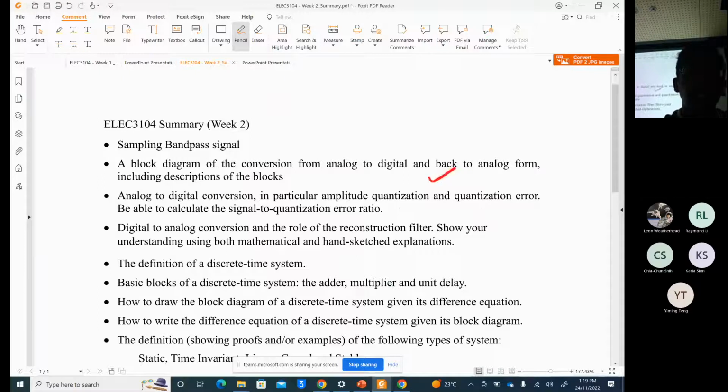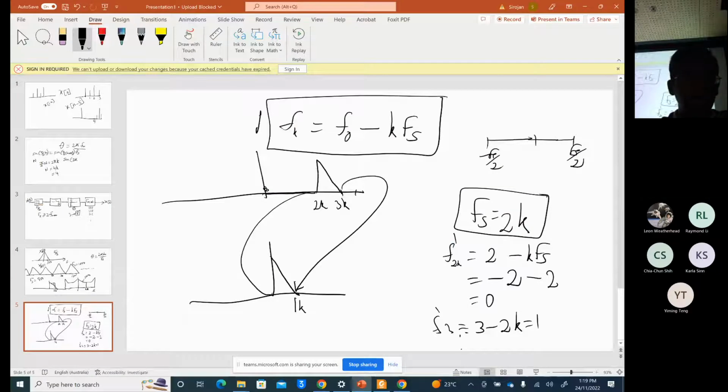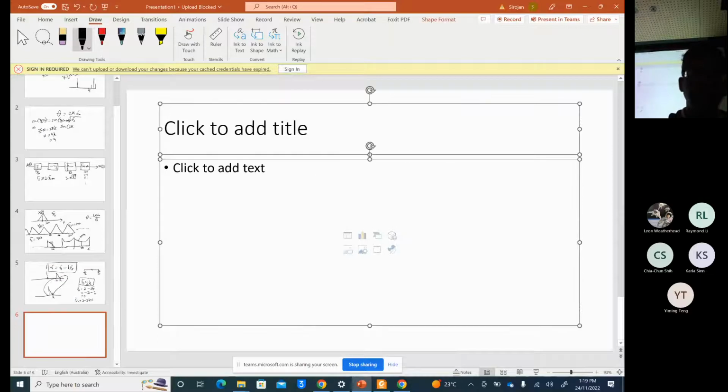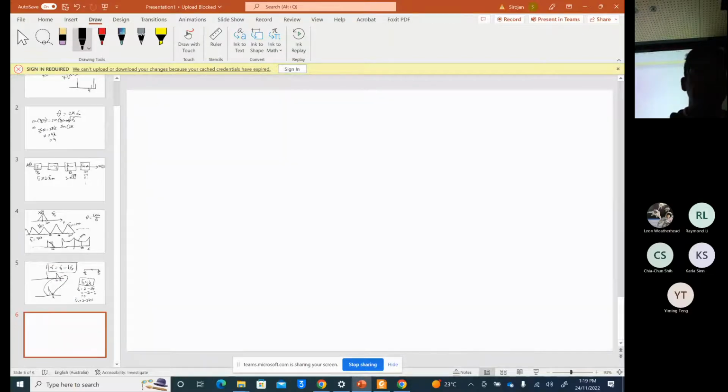So I told you the analog to digital, and let's see what happens with digital to analog. So here you have the digital signal. Digital signal means it's actually some numbers like this, and finally you will have some kind of this signal.